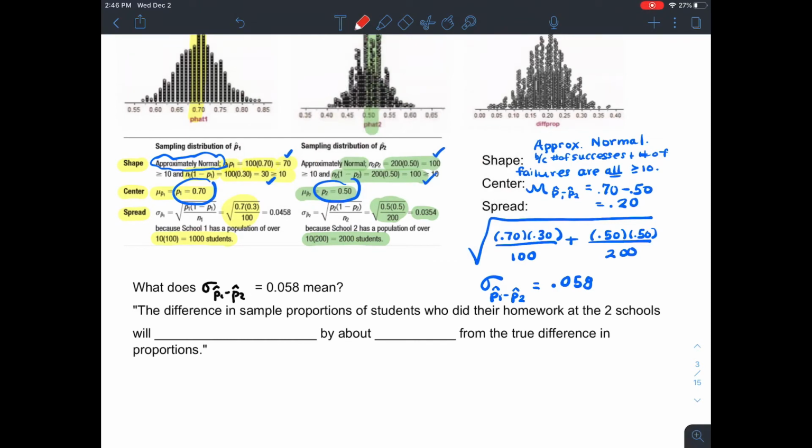Well, think about when we interpret standard deviations. It means the difference in the sample proportions of students who did their homework at the two schools will typically vary by about 0.058 from what the true difference in the proportions are, like the actual difference between the two proportions, okay?